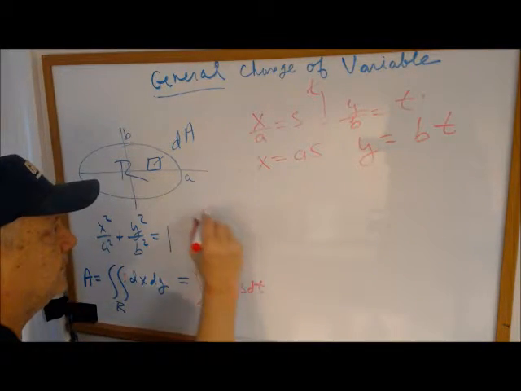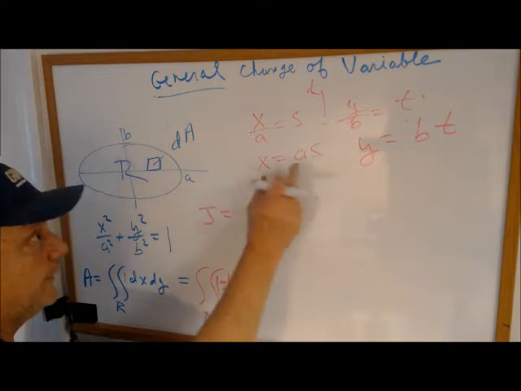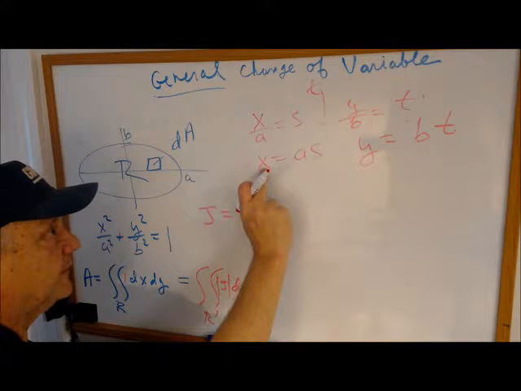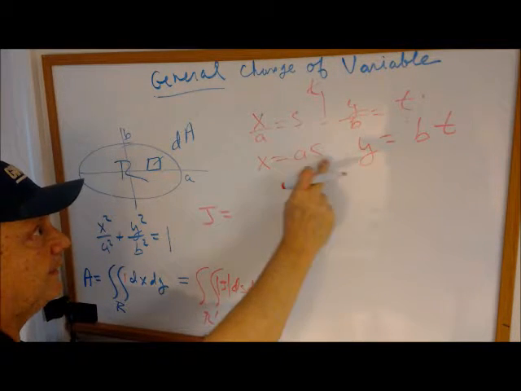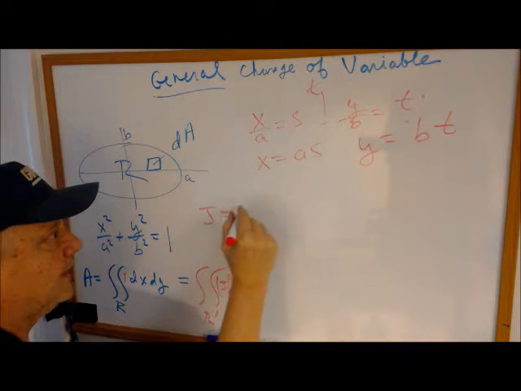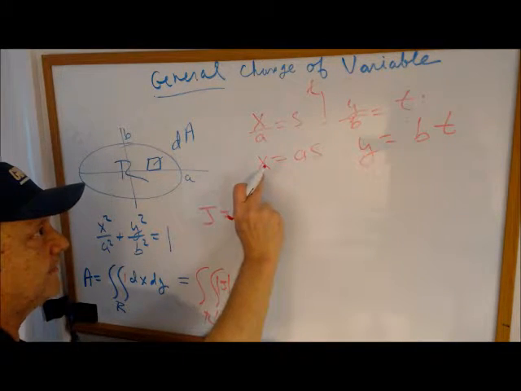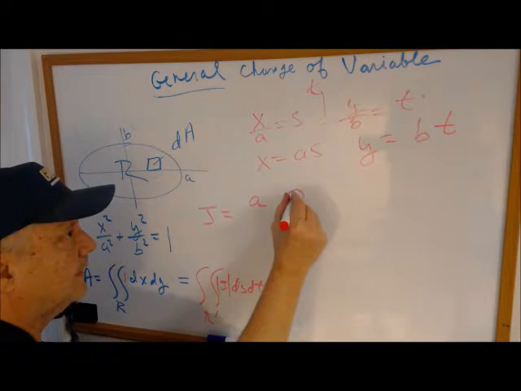So the Jacobian is equal to, if you recall, the partial of x with respect to the first variable s. Well, that partial is just a. And then the partial of x with respect to the other variable, t, well, that's just 0.